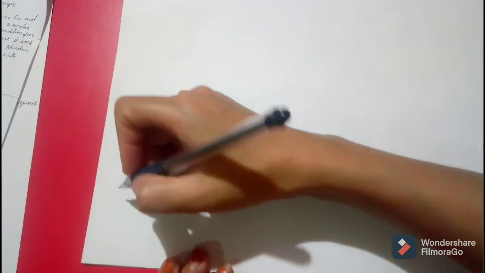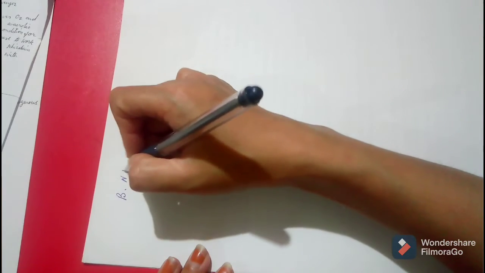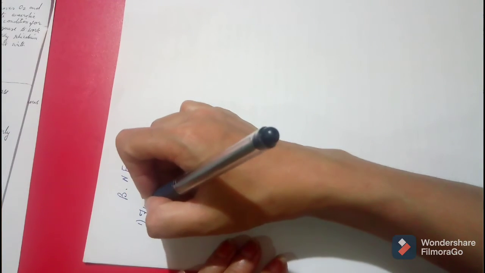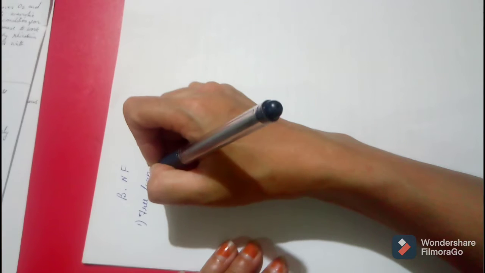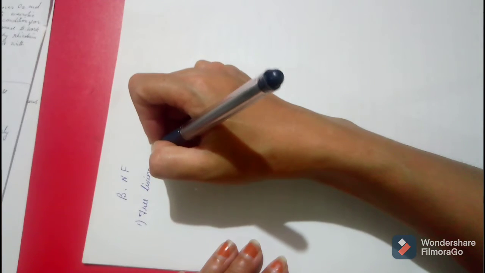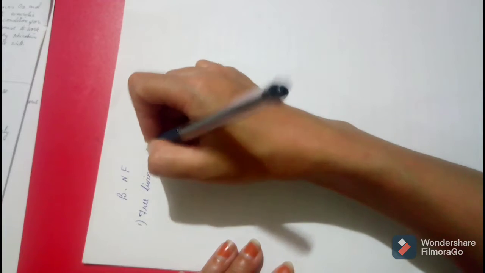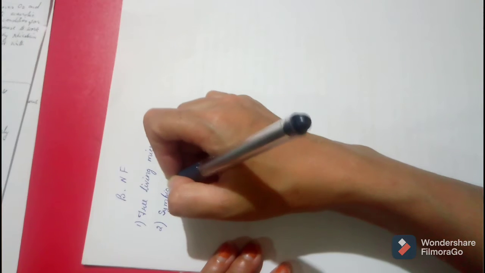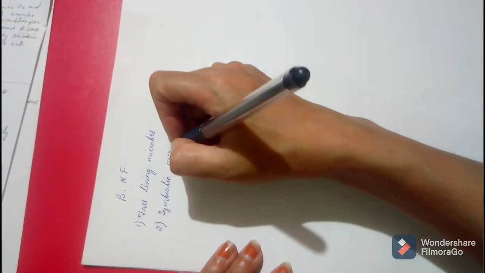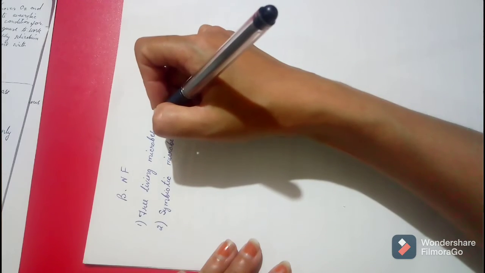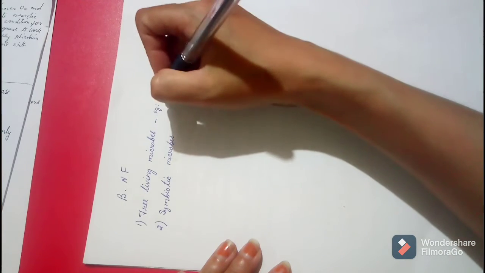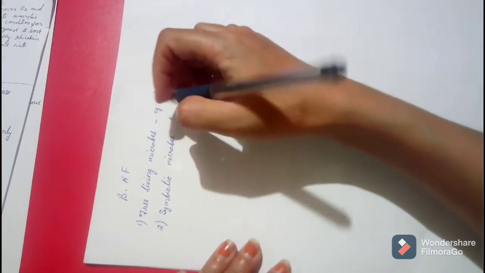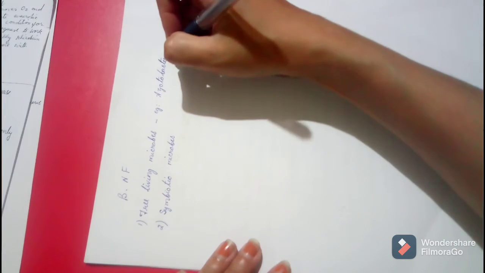Biological nitrogen fixation can be done by the free living microorganisms, and the other type of microorganisms are the symbiotic microorganisms. For the free living organisms, I can give you a few examples like Azotobacter and Rhodospirillum.